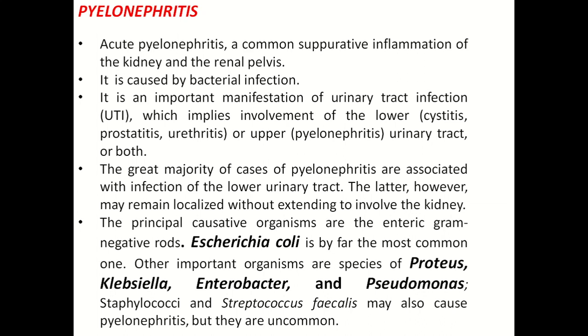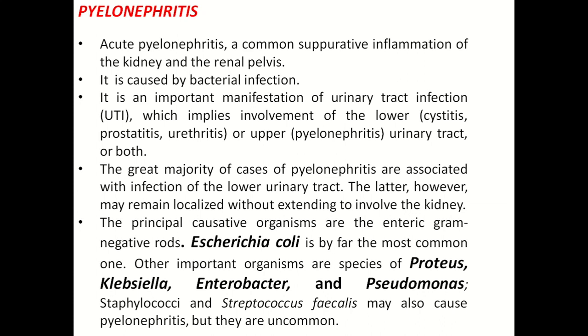So acute pyelonephritis is a common suppurative inflammation of the kidney and renal pelvis, right? Because acute is related to acute conditions, meaning there is a role of neutrophils, there is a suppurative inflammation. It is caused by bacterial infection. It is an important manifestation of urinary tract infections, which implies involvement of the lower tract, meaning either involvement of the bladder, the prostate, or the urethra.